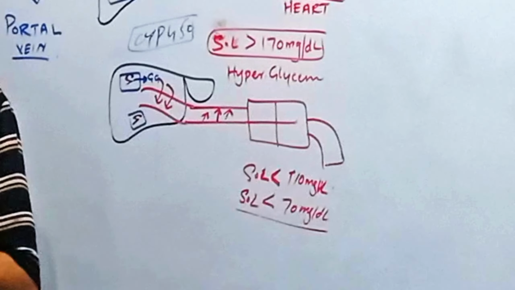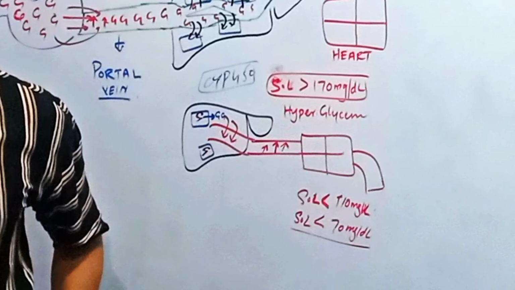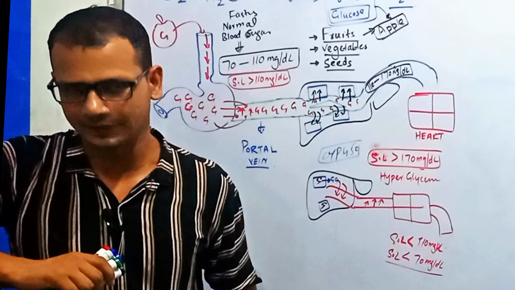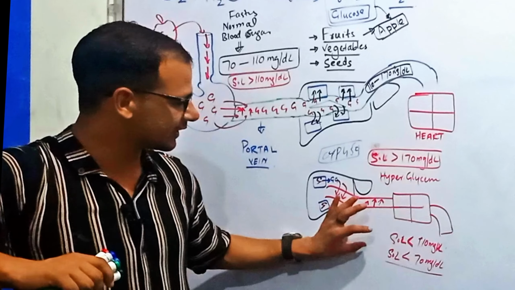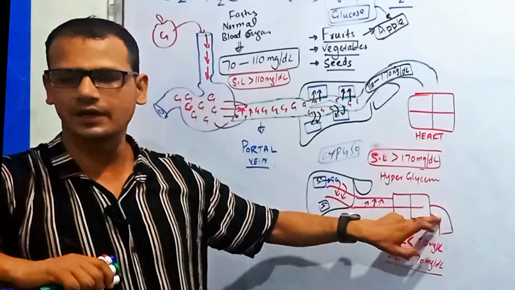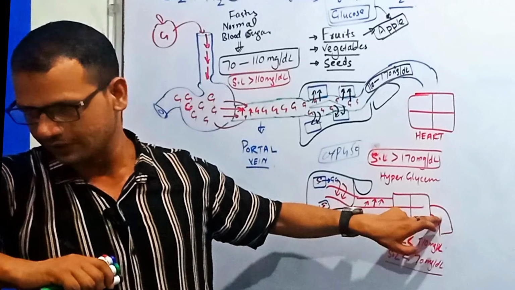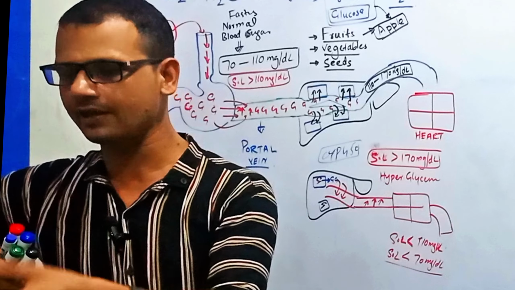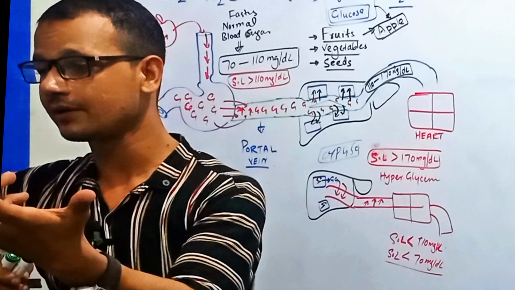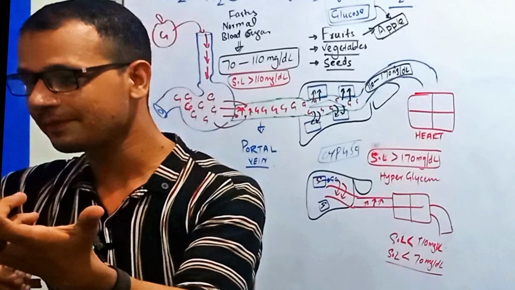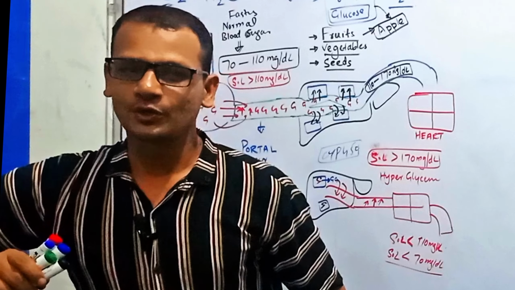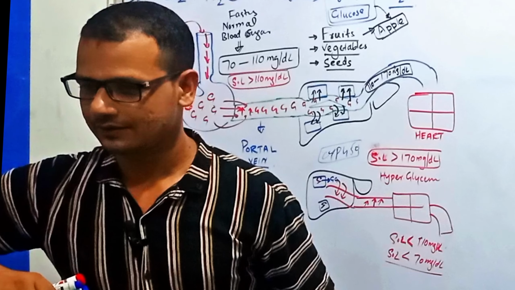So the liver is called the sugar monitor of our body. It monitors the sugar level in the systemic circulation and starts glycogenolysis or glycogenesis.